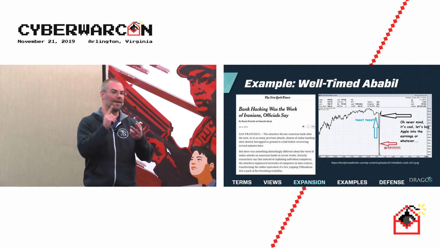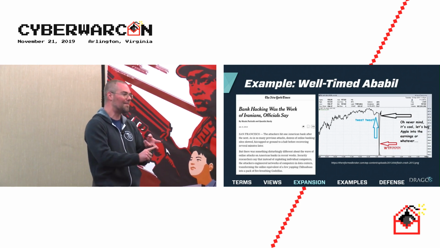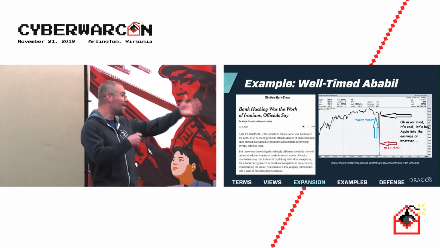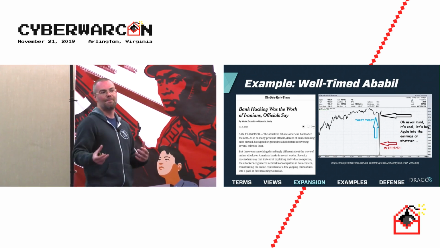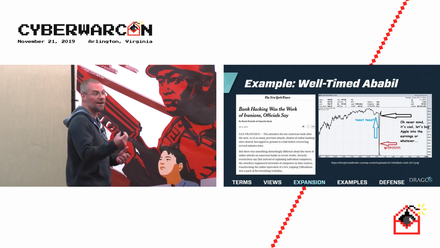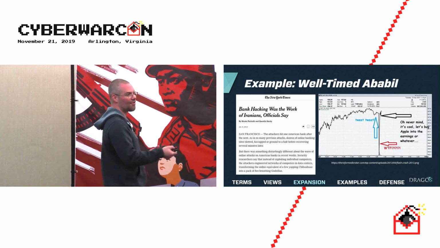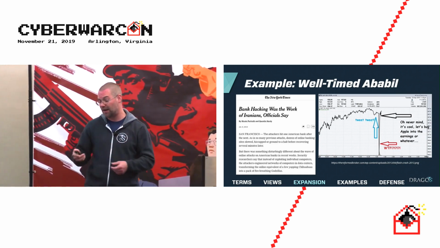You start getting runs on banks. You get politicians screaming bloody murder about regulating this thing now because of something very bad that happened. So by combining that discrete action with some mechanism for creating fear or uncertainty around that vital aspect of operations, you get something much more interesting.